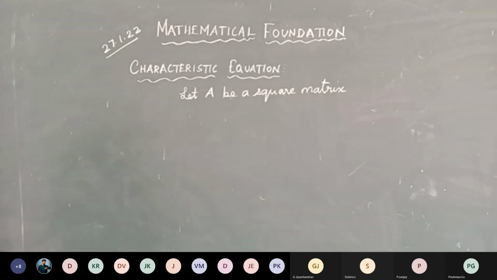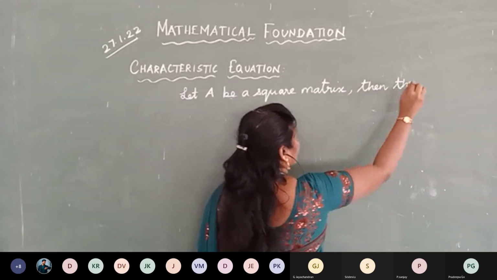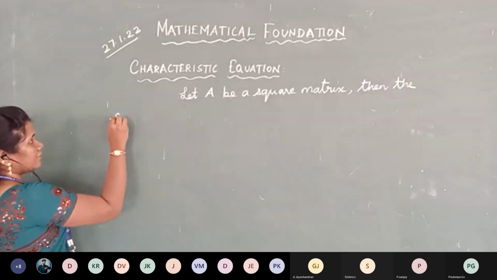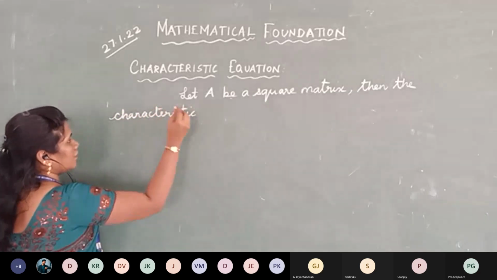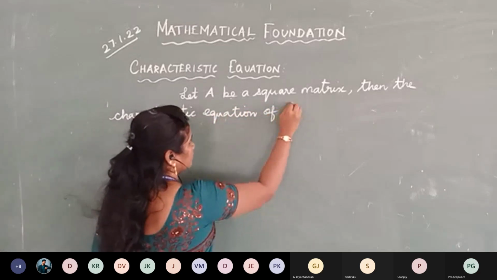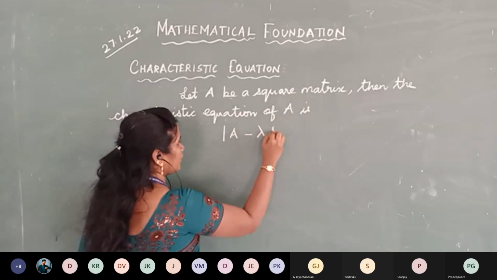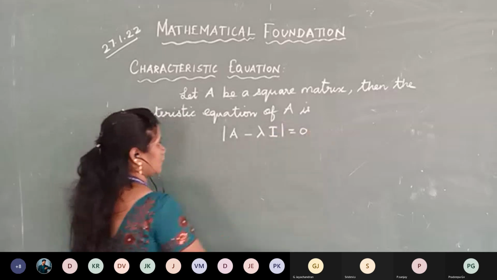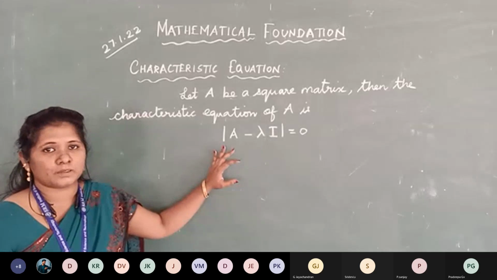Then the characteristic equation of A is, your general formula will be modulus of A minus lambda I equal to 0. This will be the characteristic equation for a 2 cross 2 matrix and a 3 cross 3 matrix.